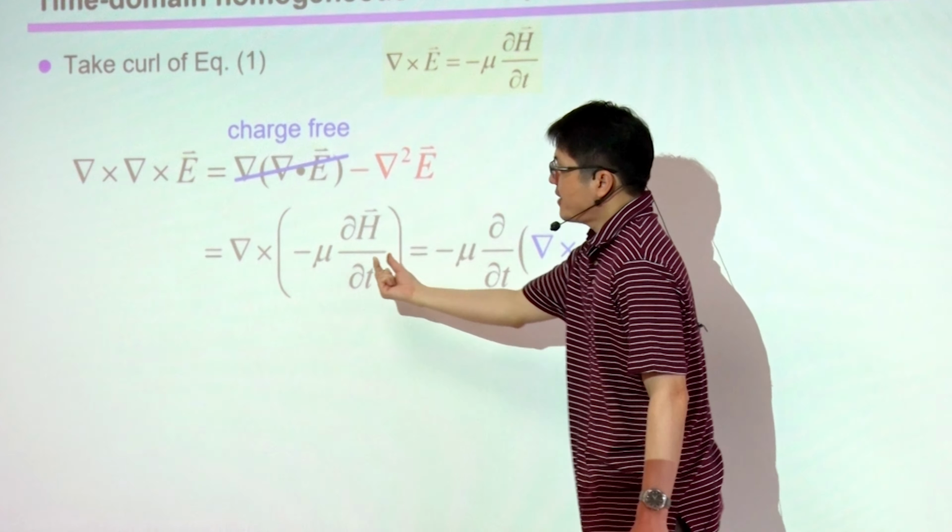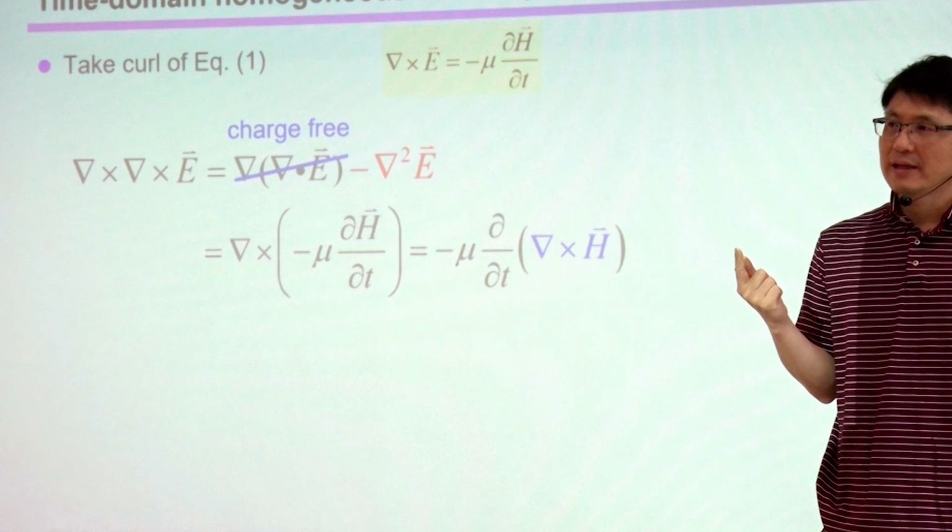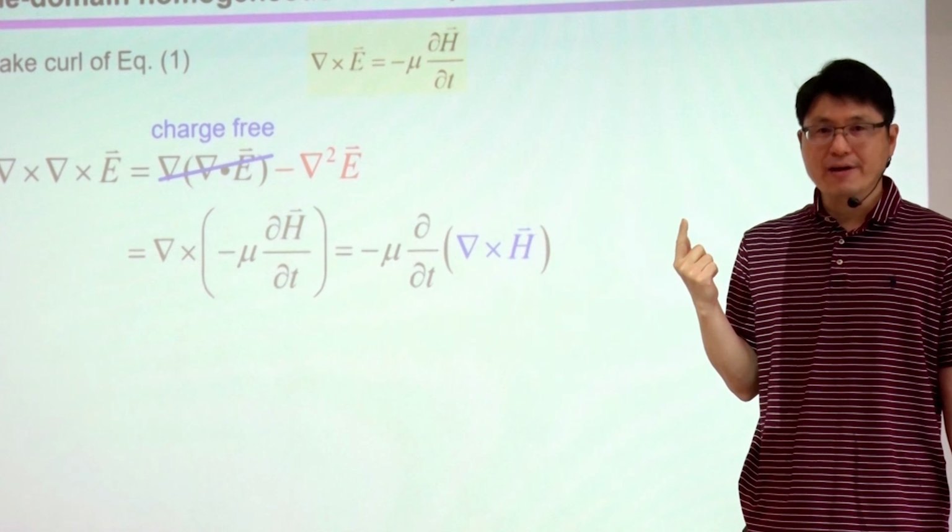Here, I have pulled this mu out of the curl, right? So now I can pull negative and mu out, but can you tell me why? Which assumption have I invoked so that this mu can be pulled out of the curl operation?